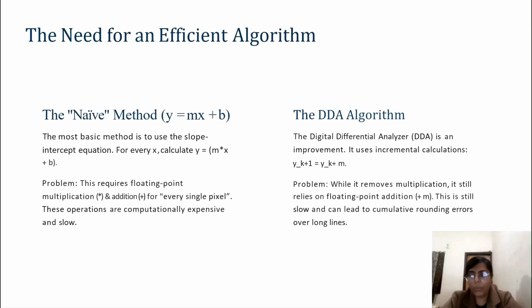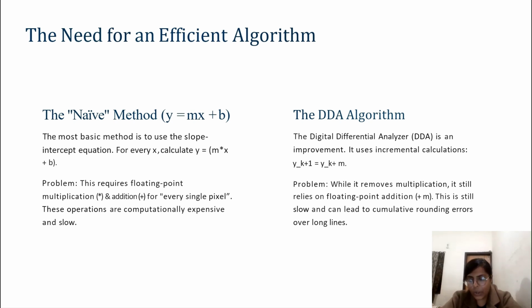Now you might be wondering why we need an efficient algorithm. The simplest approach is using the slope-intercept form, which is computed by y equals mx plus b. For every x, we compute a y. But floating point multiplication is slow and expensive. In older computers, embedded systems, and hardware drawings, speed matters.